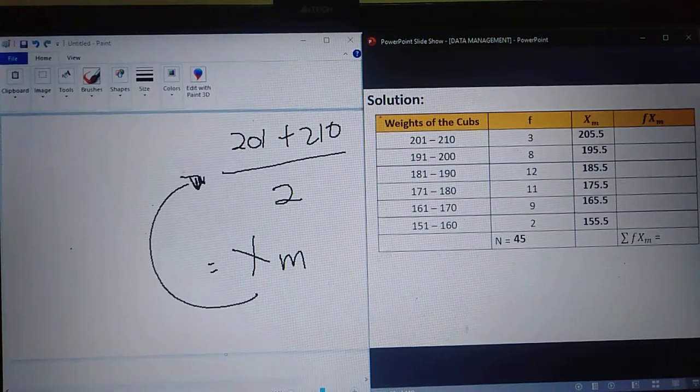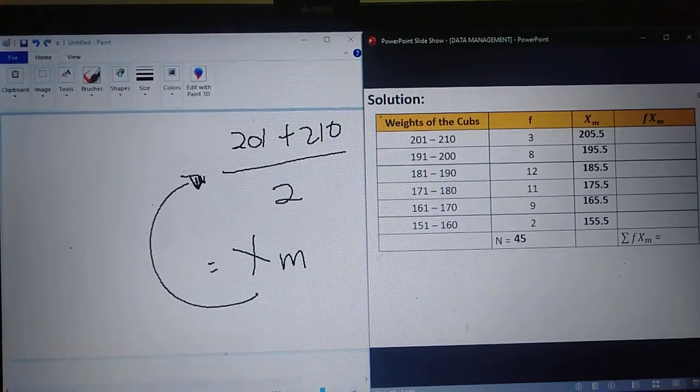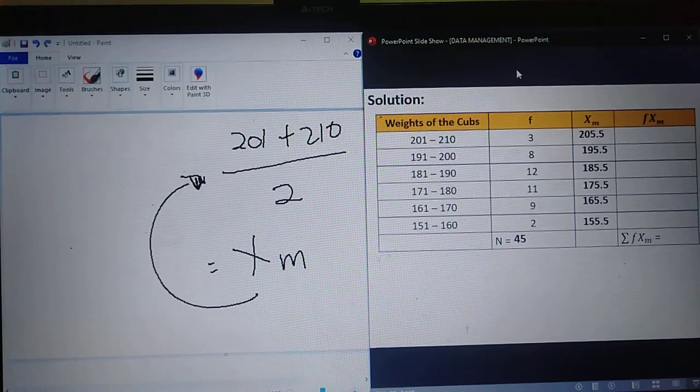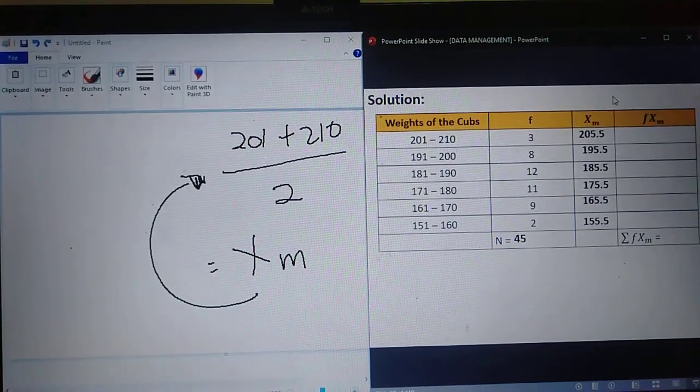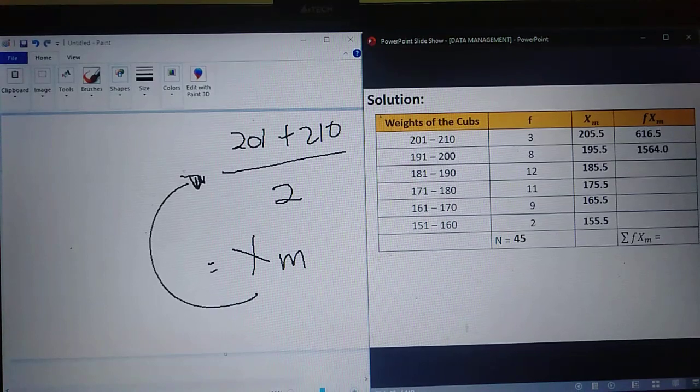Okay. And then next, multiply mo si frequency at saka si class mark. Ito siya. Yan o. Multiply mo silang dalawa, si F at saka si XM. So, pag multiply natin sila, 3 times 205.5, we can get 616.5. And then 8 times 195.5, we can get 1,564.